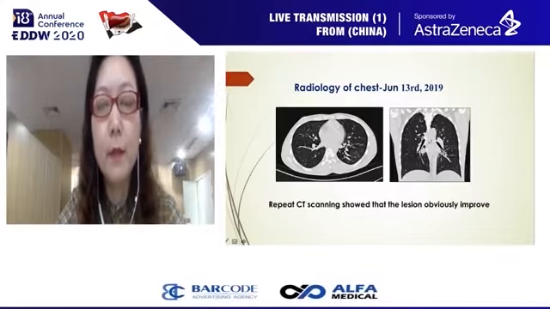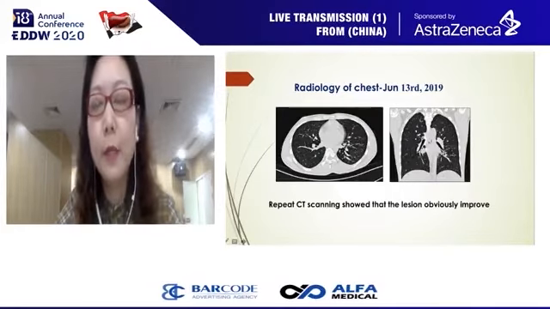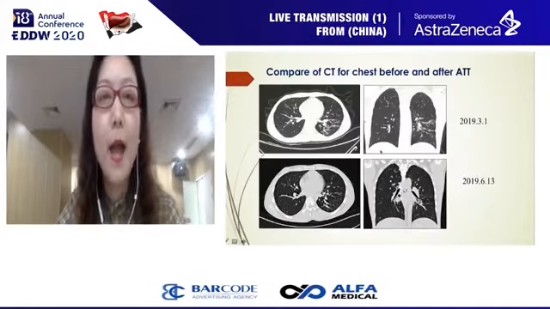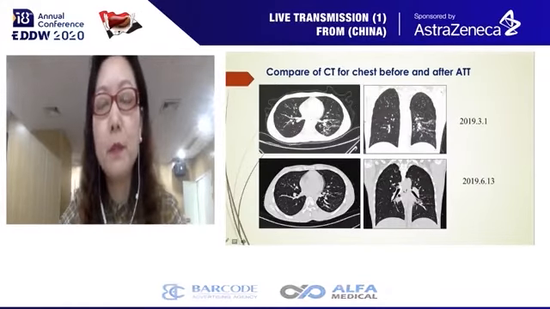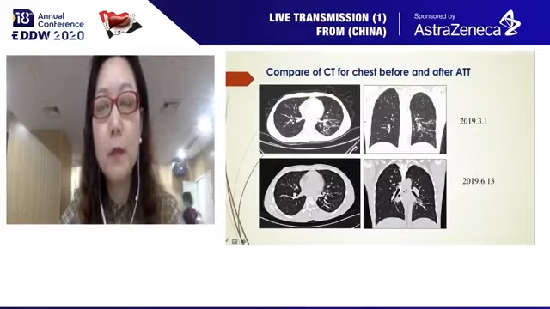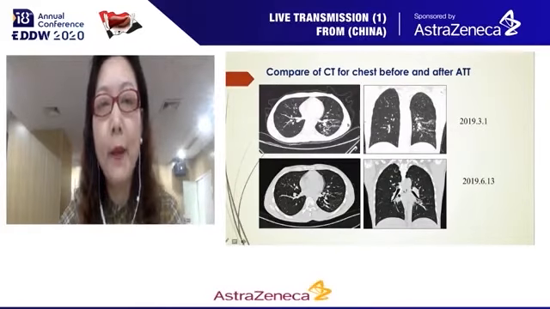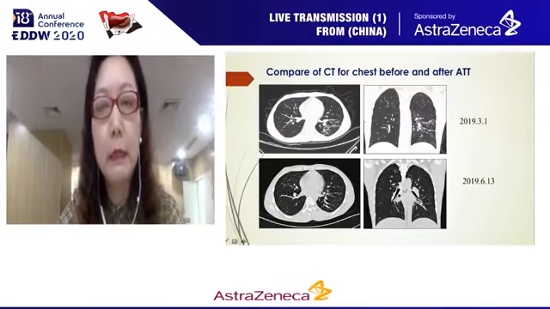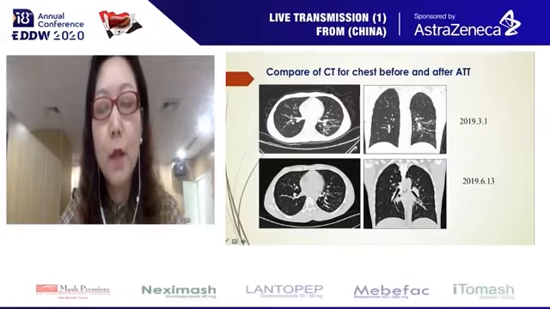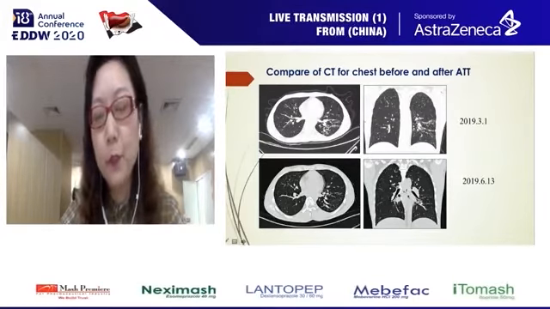You can see here the lesion improvement. I put the chest CT images together so it's easy to compare. You can see before the ATT treatment the lesion here, and after ATT the lesion got remarkable improvement.